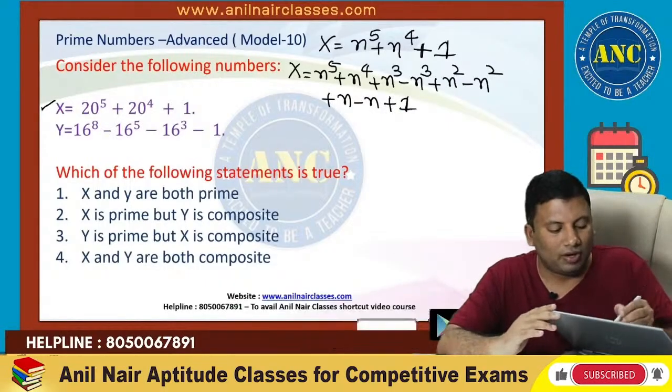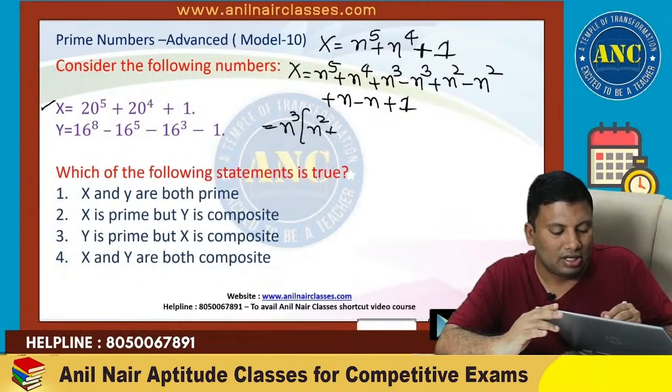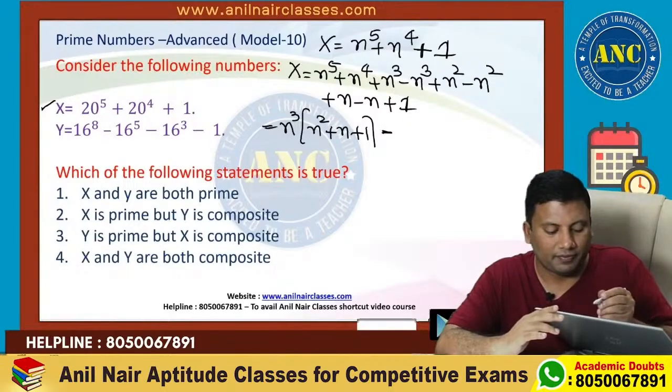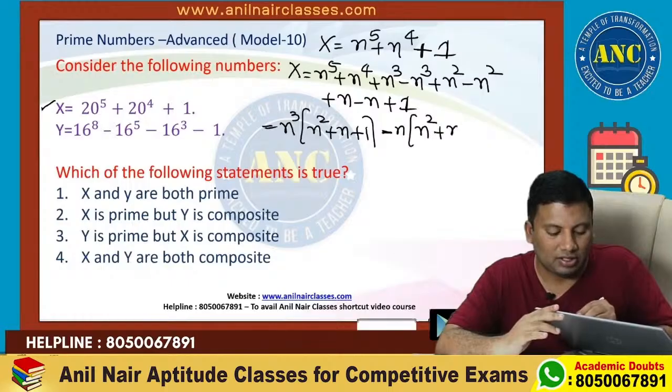You will come to know why I am doing this. If I take n cube common, this is n square plus n plus 1. Again, if I take n common, n square plus n plus 1.